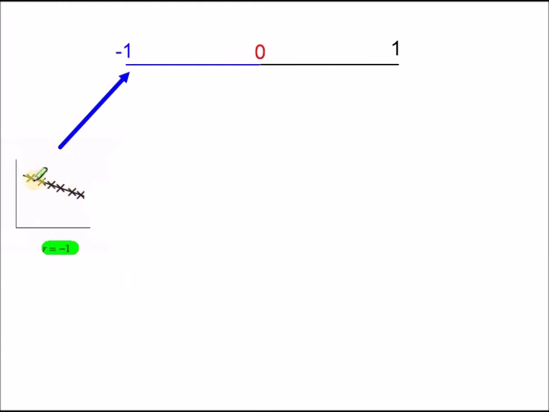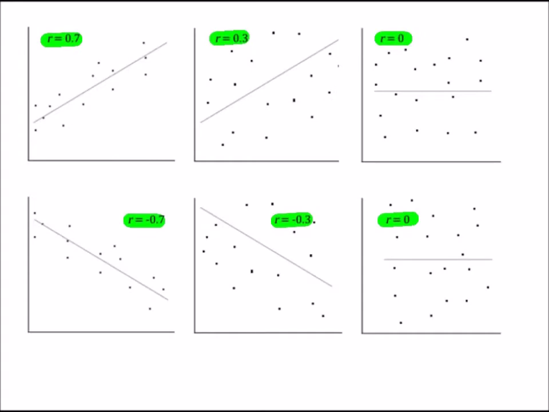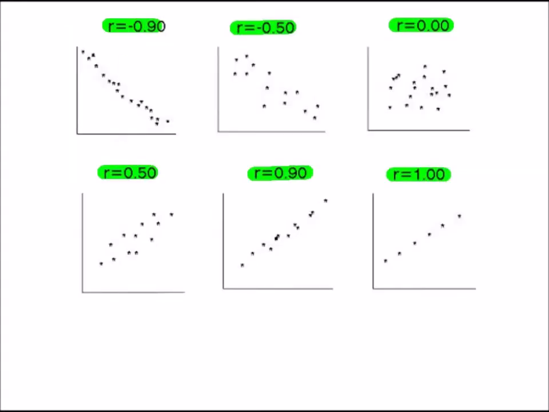Every point is on a straight line, the gradient of the line is negative. Here are some more examples of scatter graphs with their corresponding R value, their PMCC value, and the regression line in each one, the line of best fit, and more examples.